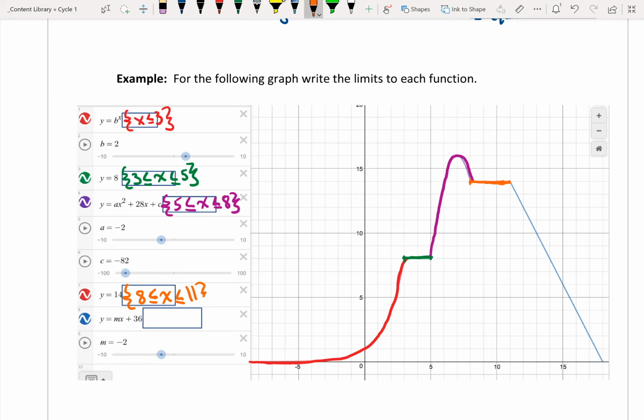And then finally, this blue function here, the x values that it's restricted to start at 11. So we can say that x is greater than or equal to 11, but less than or equal to 18. And those would be our restrictions.